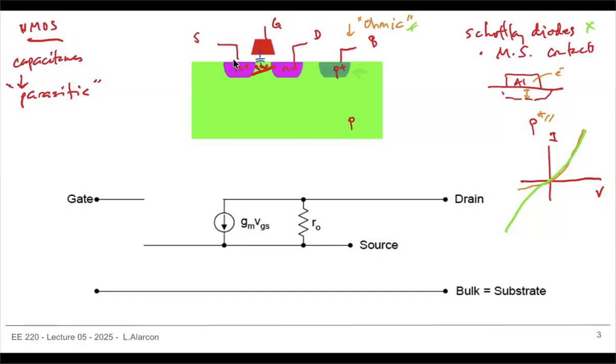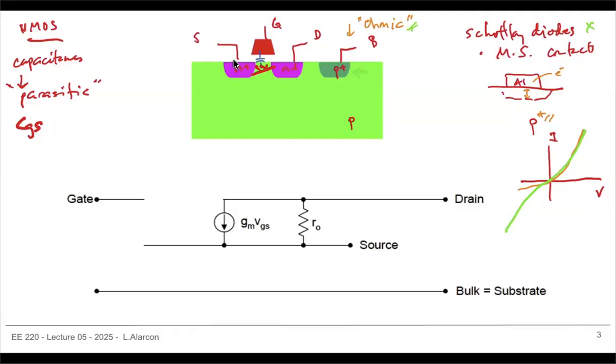So we know that that capacitance is approximately the capacitance from gate to source. And from the structure, we know that it's a parallel plate capacitor, right? That's CGS. Yeah, that's a parallel plate capacitor.